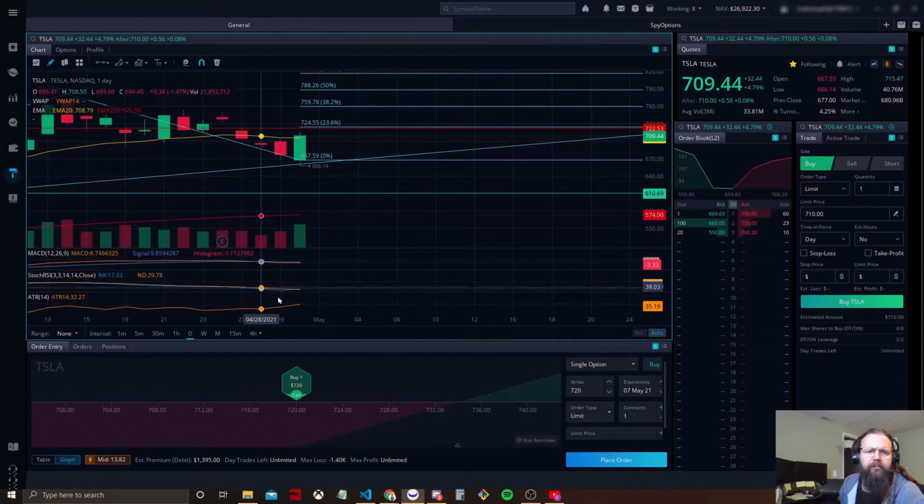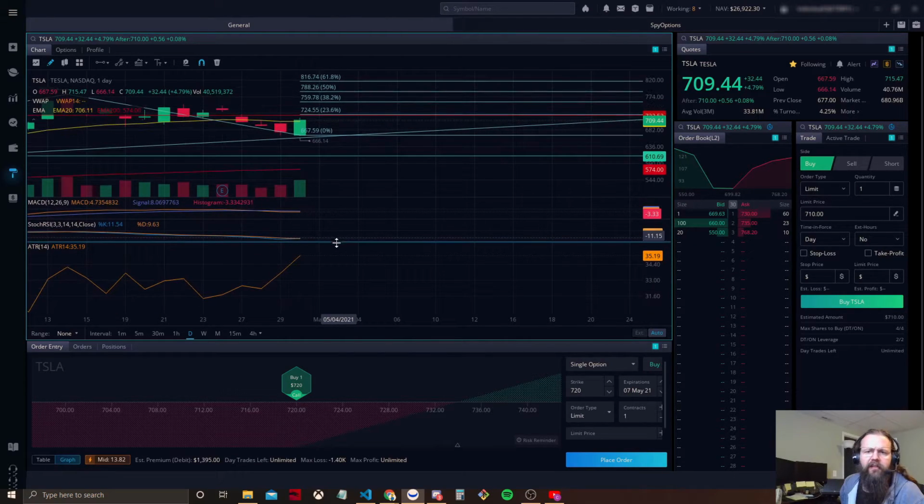And we know from the ATR, Tesla can swing $30. So if Tesla gaps up on Monday, we might miss that even, depending on how early you can get in. Again, these numbers are outdated. They're from Friday.